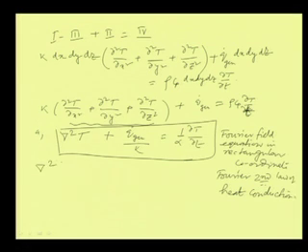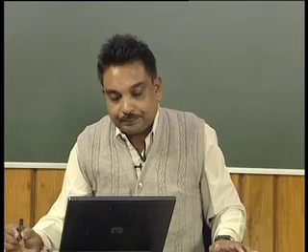Del square is basically del square by del x square plus del square by del y square plus del square by del z square, a grad square operator. It is a generalized form of the heat conduction equation for the rectangular coordinate system.